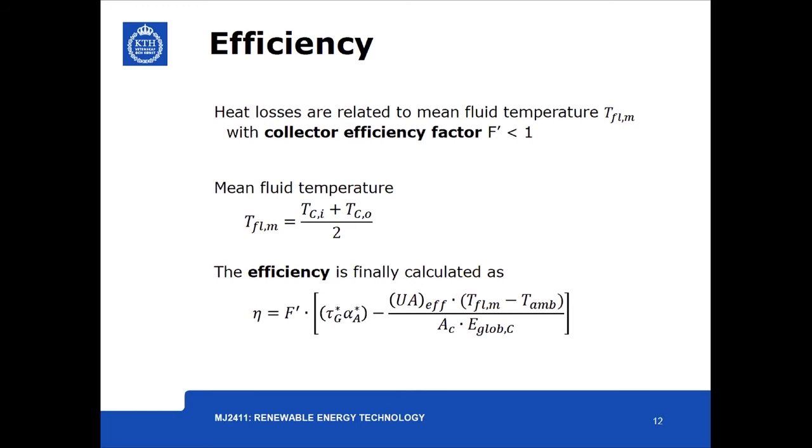We introduce the collector efficiency factor F prime, which is always lower than 1. We replace the mean absorber temperature with the mean fluid temperature, which is simply calculated as the arithmetic mean between the inlet temperature to the collector and the outlet temperature of the collector. Finally, we can calculate the efficiency of the collector with the equation shown at the bottom.